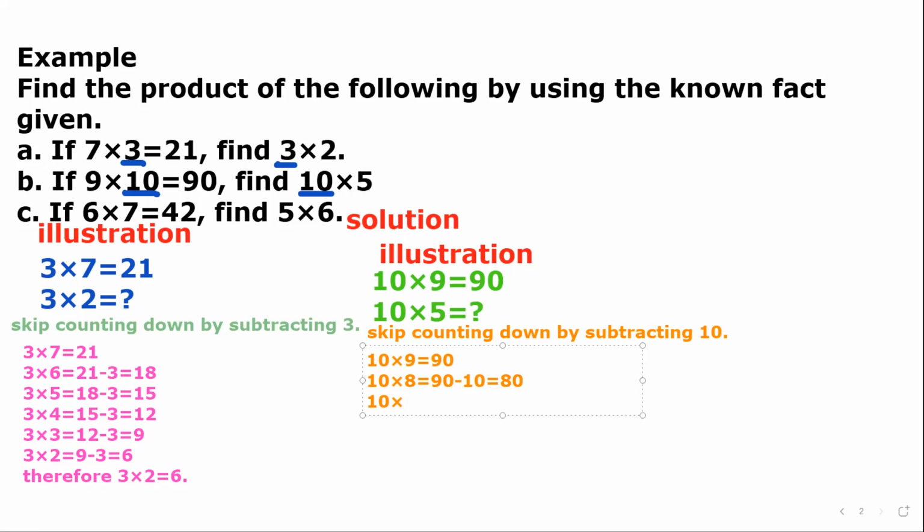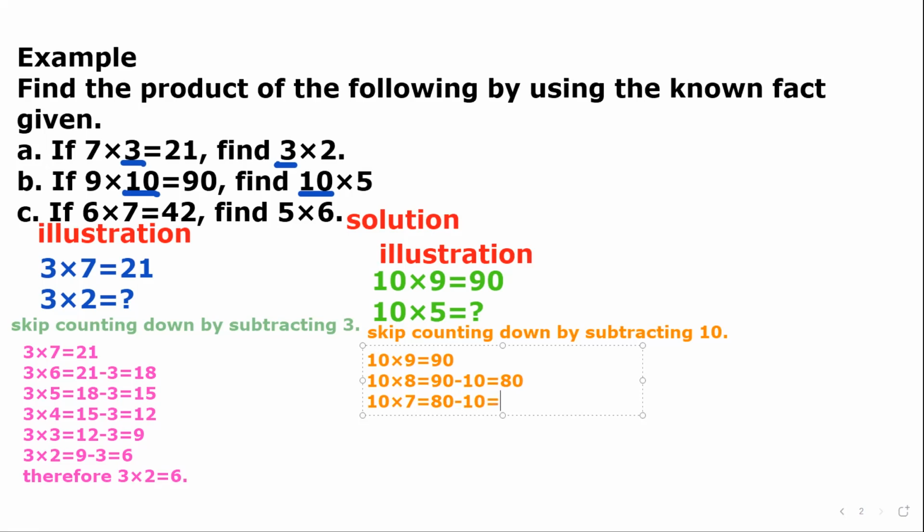Good. Now 10 times what? 7. 7 is also after 8. When you are descending, you move on to the 7 before you move on to the 6 and 5. So here the previous answer is 80 minus 10, the multiplier.